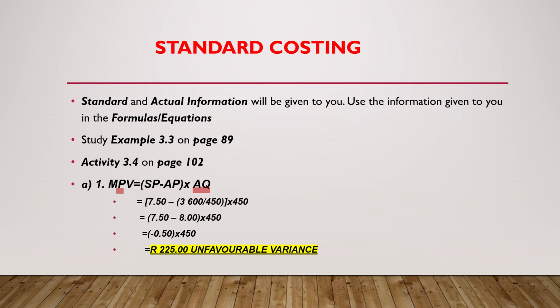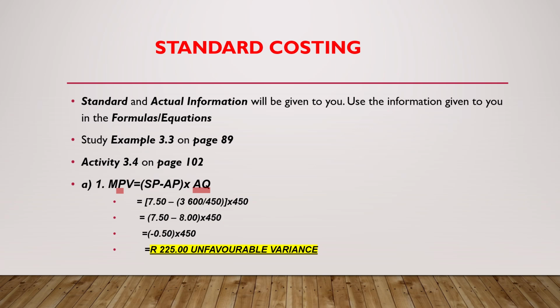You can see from here inside the bracket whether your variance would be favorable or unfavorable. If you see here, we have standard and actual, and we said in the introduction, when actual is greater than standard, then our variance will be negative or unfavorable.